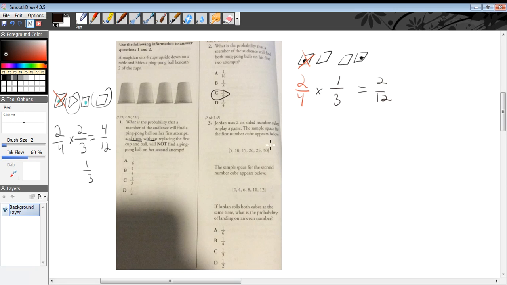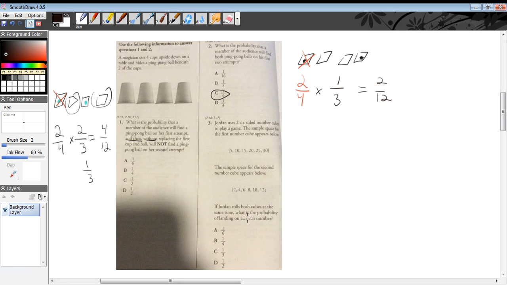Okay, so what this means is when we add these together, oh, no, I misunderstood it. Now I understand it. Okay, if we roll both cubes at the same time, do they want us to add it?